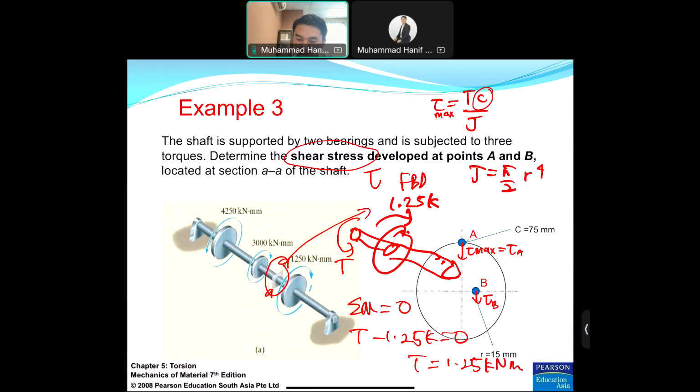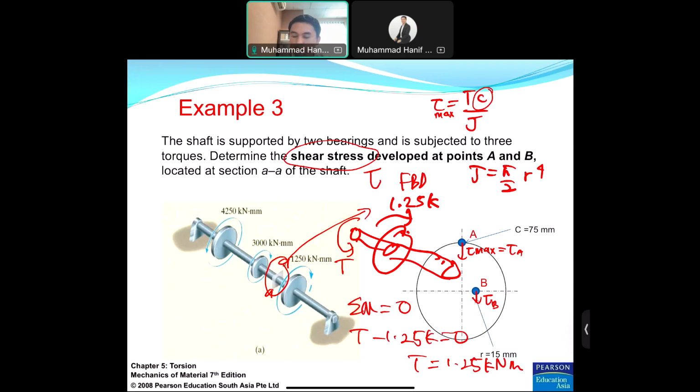J equal to pi over 2 C to the power of 4, where C is the maximum radius. Sometimes students put the radius of 15 millimeter here, pi over 2 times 0.015. This one is wrong.